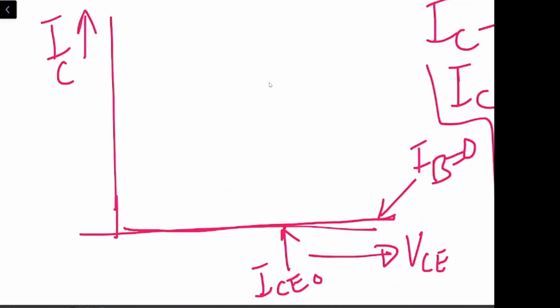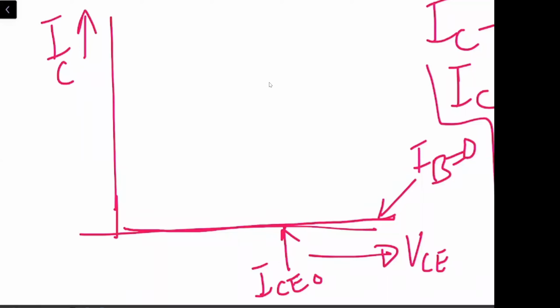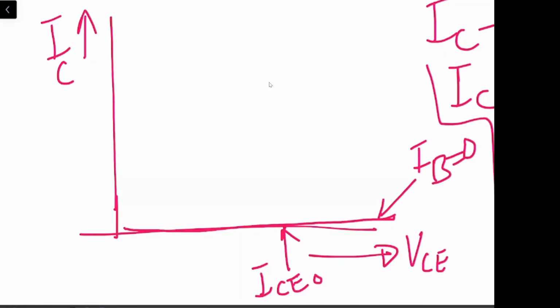And ICEO actually has a magnitude which is 250 times the magnitude of ICBO, right? So due to that, this current is not almost going to be 0, but something bigger than ICBO, right? So we say it is normally something bigger than ICBO.